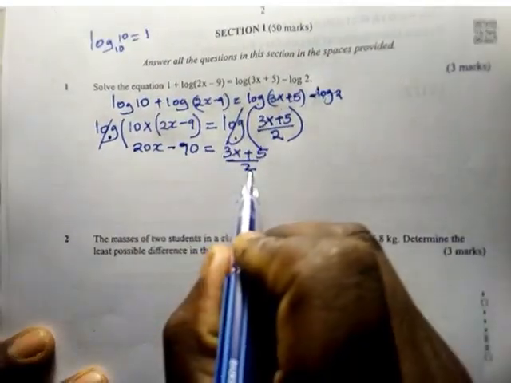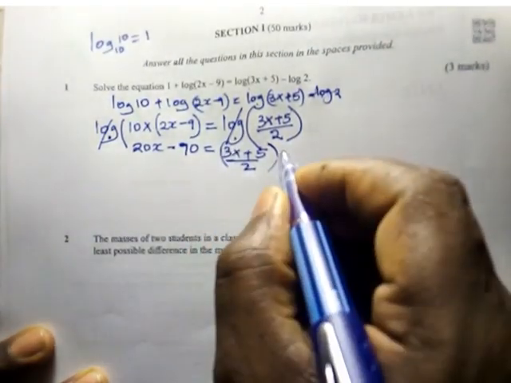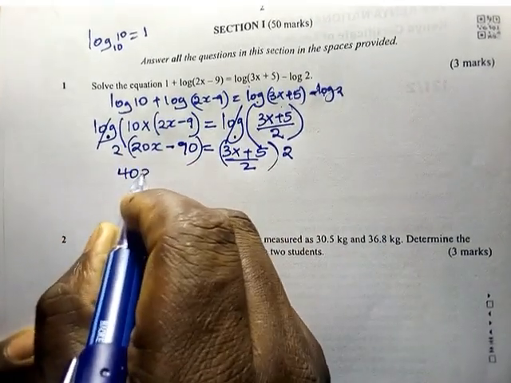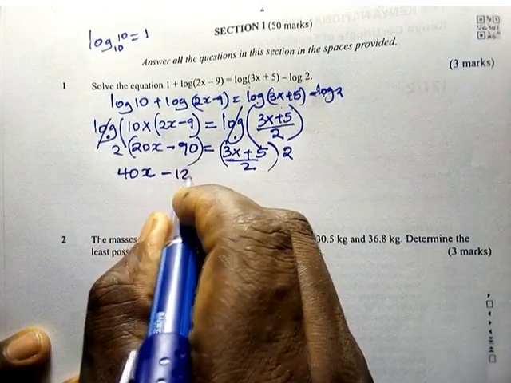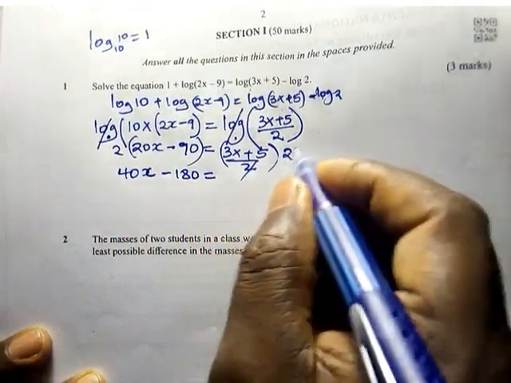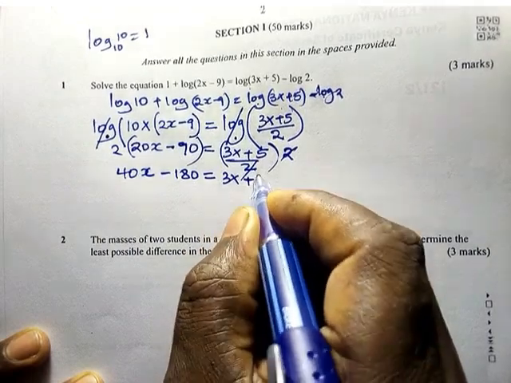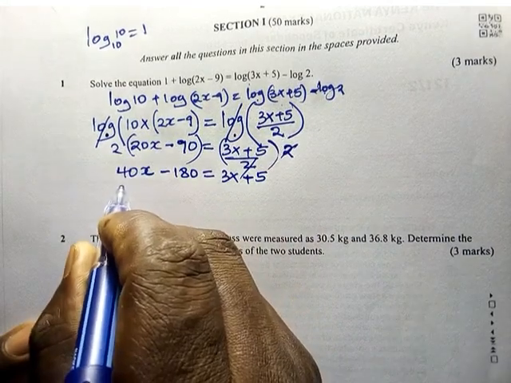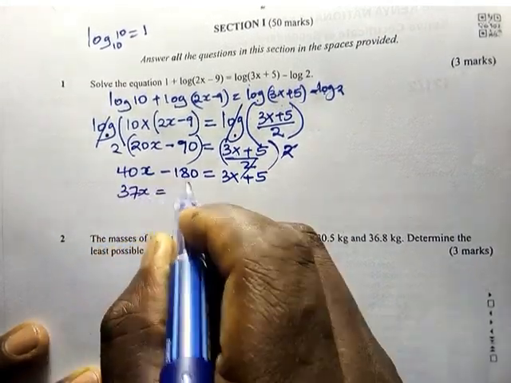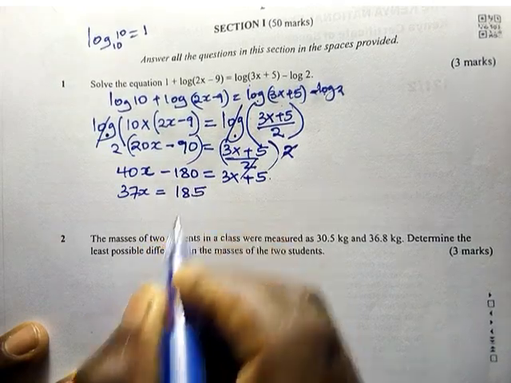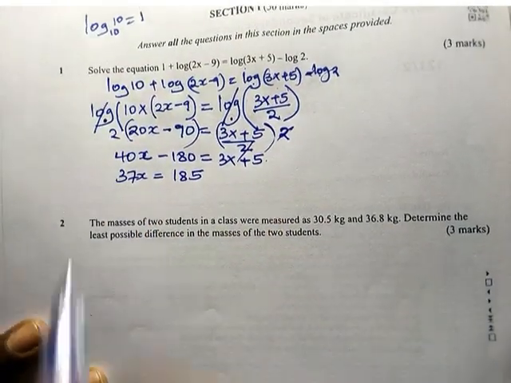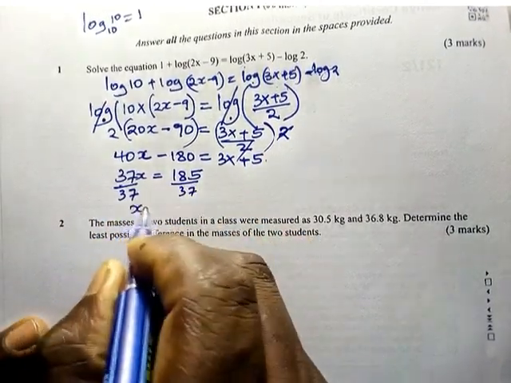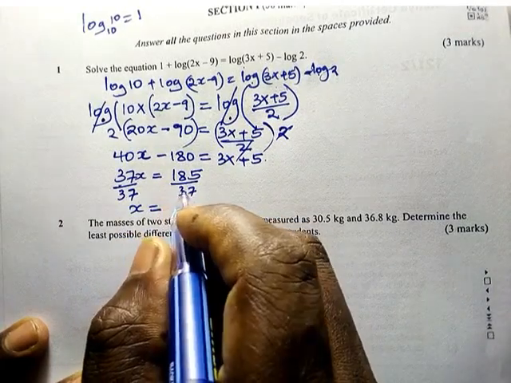We remove the 2 by multiplying every term by 2. So 40x minus 180 is equal to 3x plus 5. Like terms together, we have 37x is equal to 185. Dividing both sides by 37, the value of x is equal to 5.